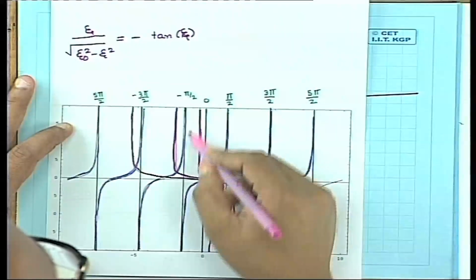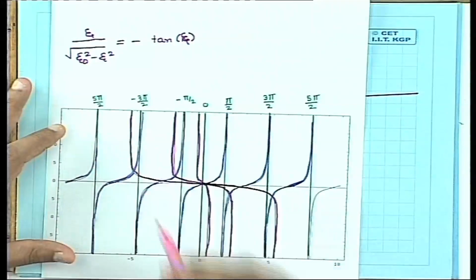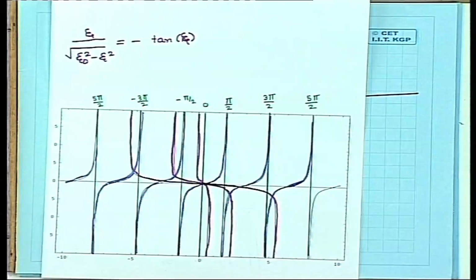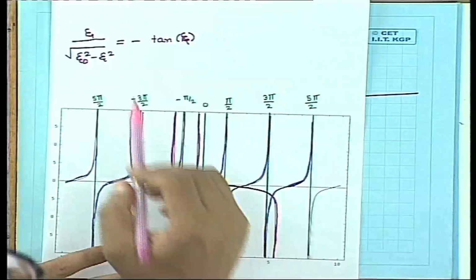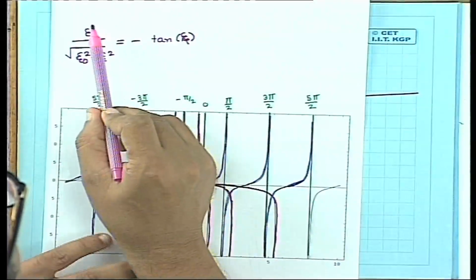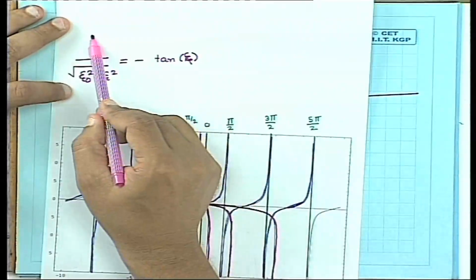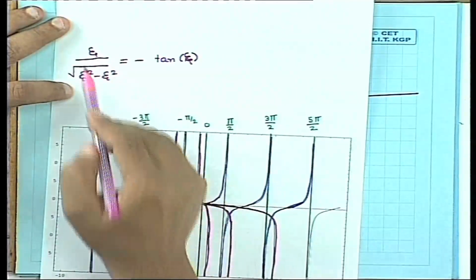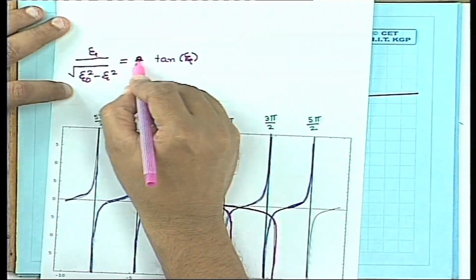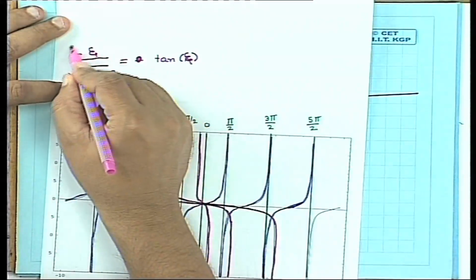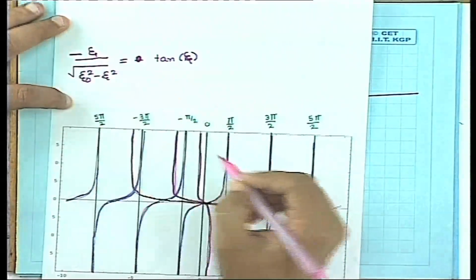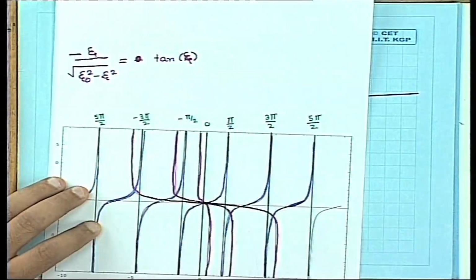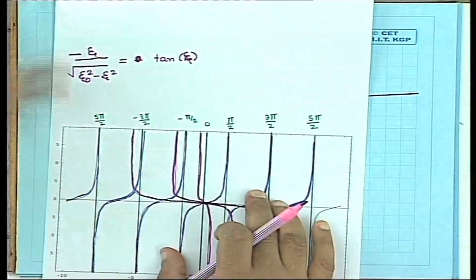There is a similar kind of behavior on this side. Now we have also plotted the function xi by square root of xi naught square minus xi square with a minus sign, for different values of xi naught.